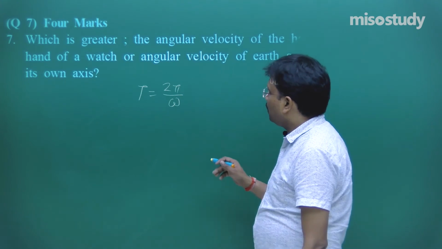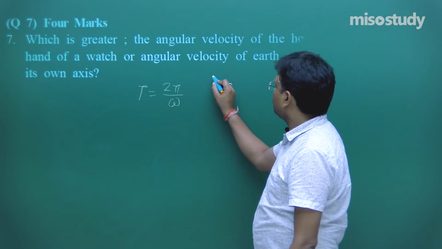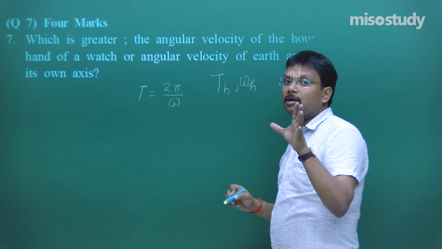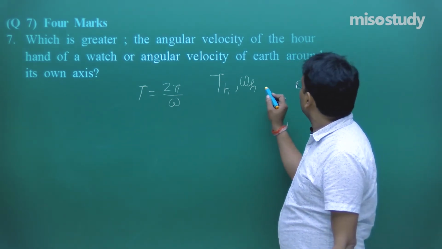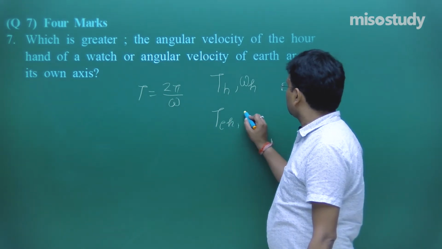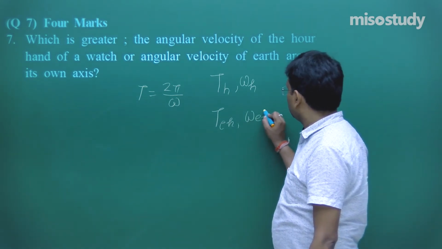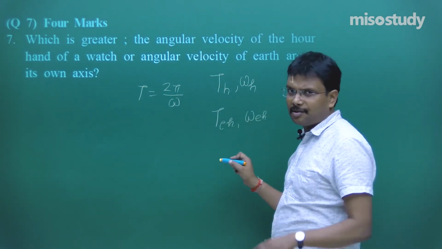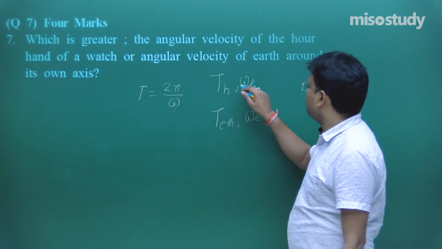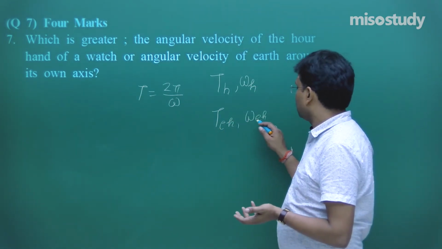Now, the angular velocity of the hour hand of the wristwatch, so omega H I will use for the wristwatch, and T E, then omega E for earth. So this is the hour hand time, hour hand angular velocity, earth rotation time, and then omega.